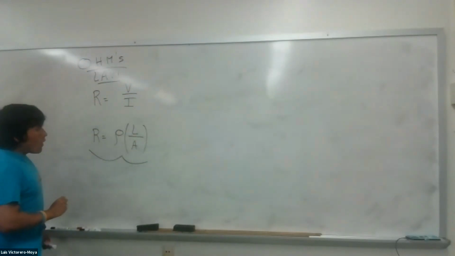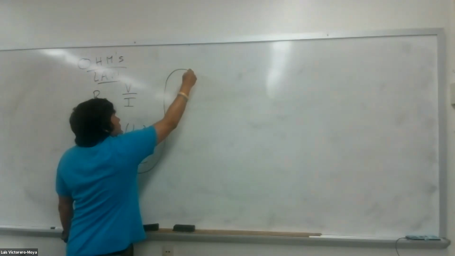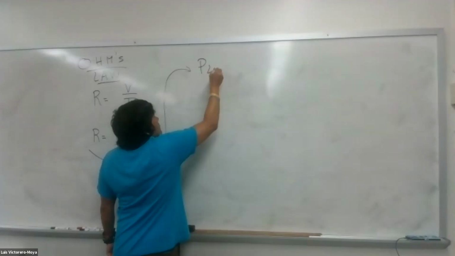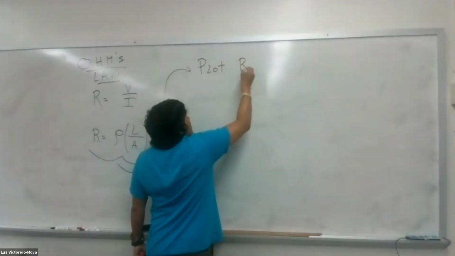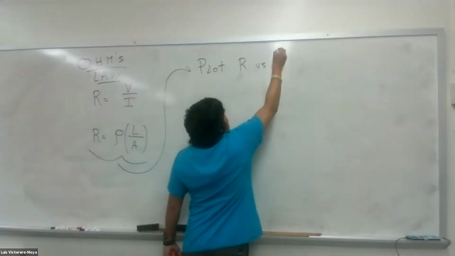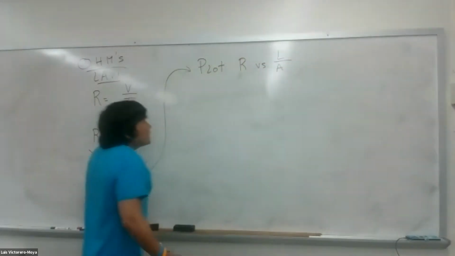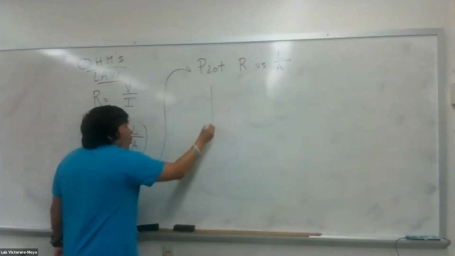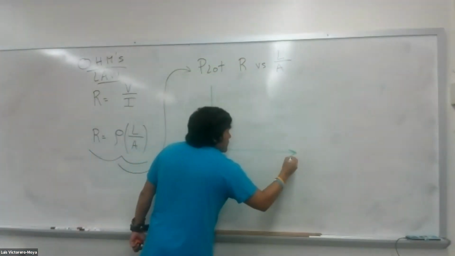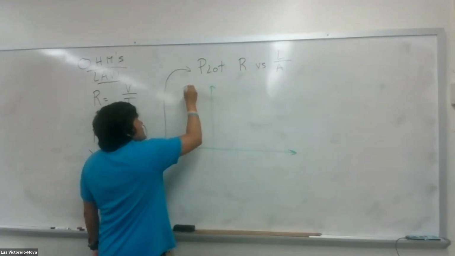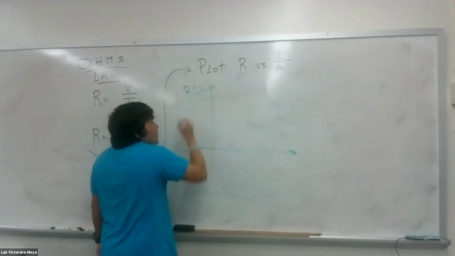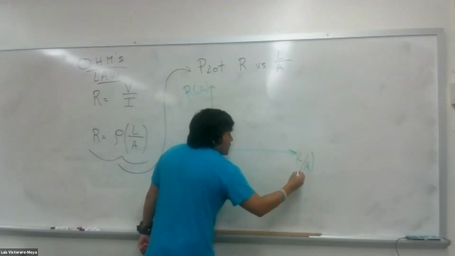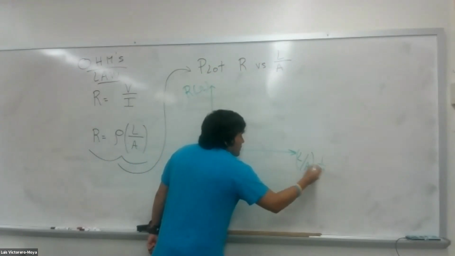So for people who are not in my last session, what happens if you plot resistance versus L divided by area? That's going to give you a linear plot. Based on this equation, it's like saying Y equals MX. So this is resistance in ohms, and this is length divided by area. If you think about it, the units are 1 over meter.